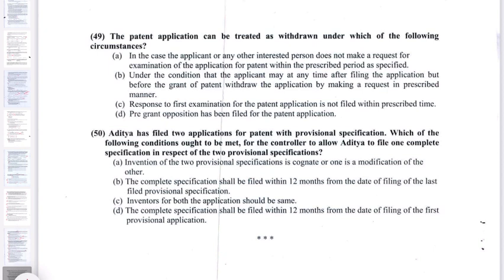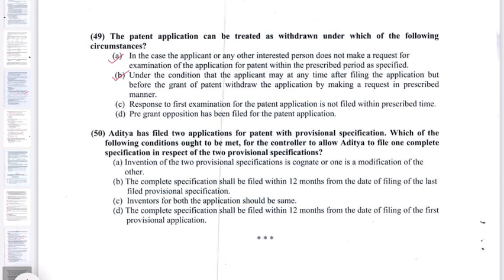Under the condition that the applicant may at any time after filing the application but before the grant of patent withdraw the application by making a request in prescribed manner, this is also true. Response to first examination for the patent application is not filed within the prescribed time, this is false. And pre-grant application has been filed for the patent application, this is also false. So the correct options here are A and B.